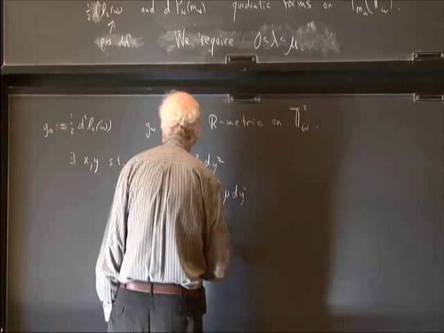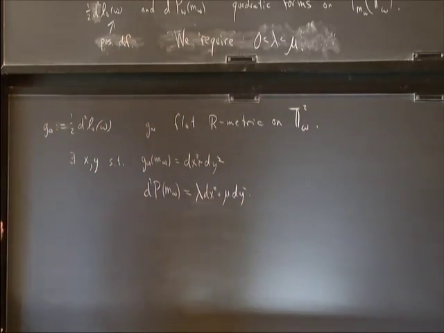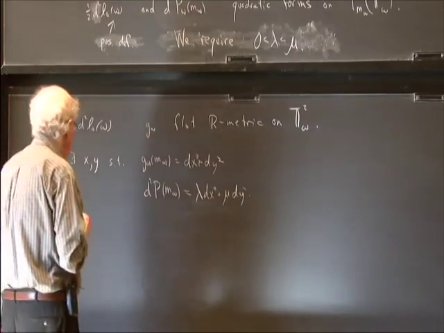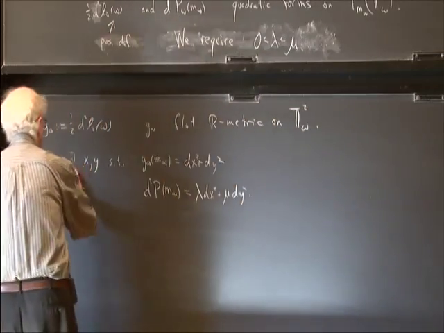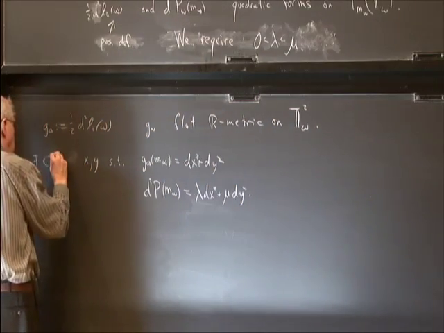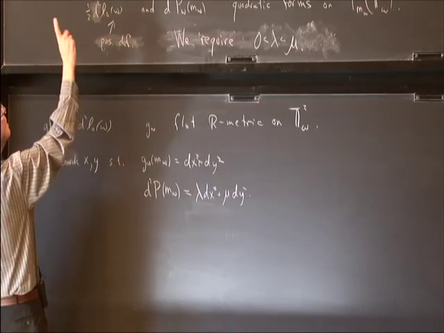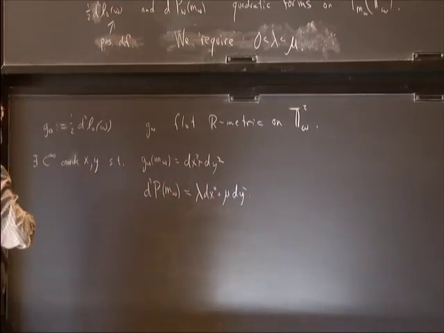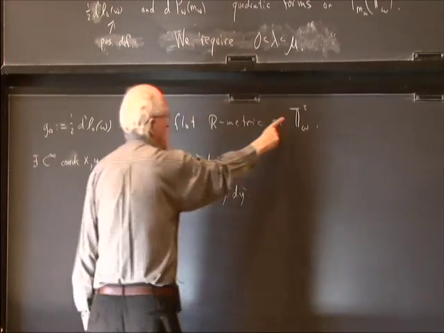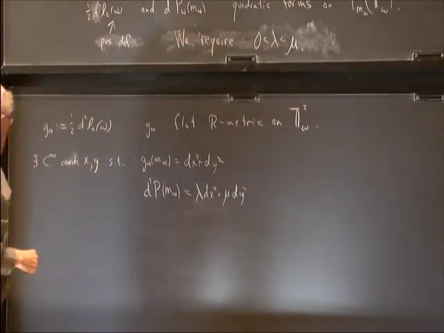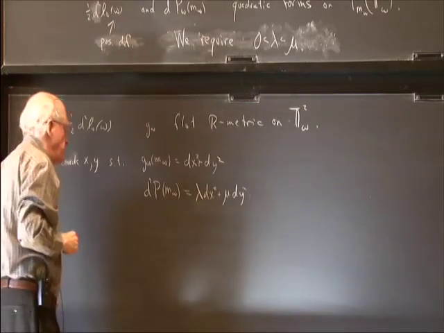These are the coordinates I was referring to. Okay, so these are local coordinates on T2 omega about m omega.